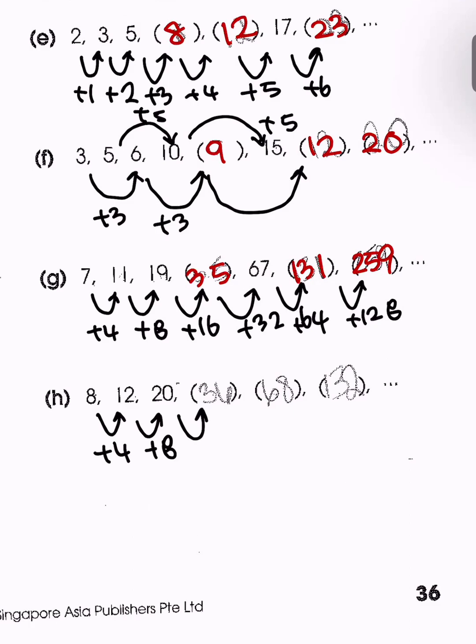So for this we have two options since we don't know the answer. If we're only given this, basically we can think of this as, oh, we add 4 continuously to the number we add, so we can do plus 12, plus 16, and so on. Or another way to approach this is we multiply the number we add, so it can be plus 16, plus 32.